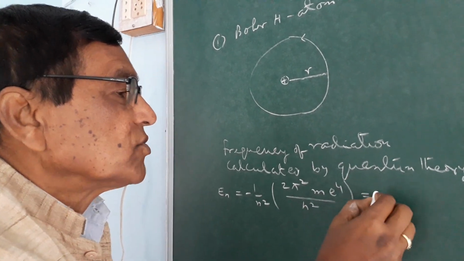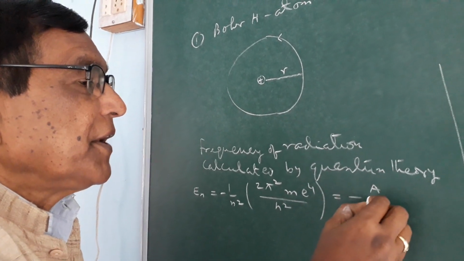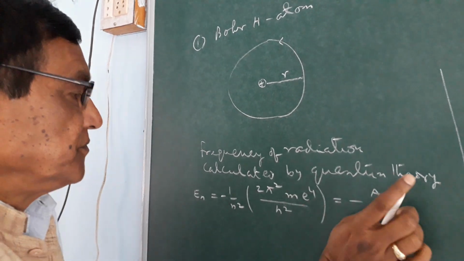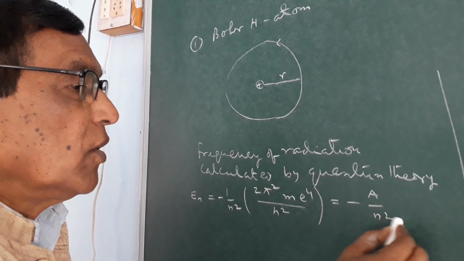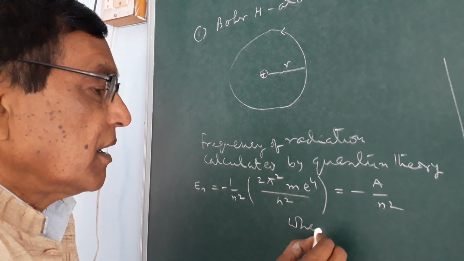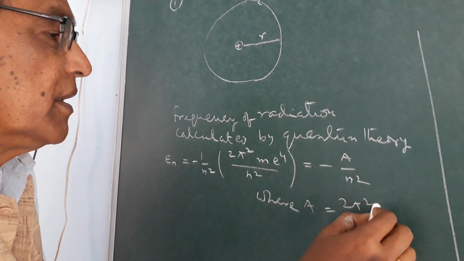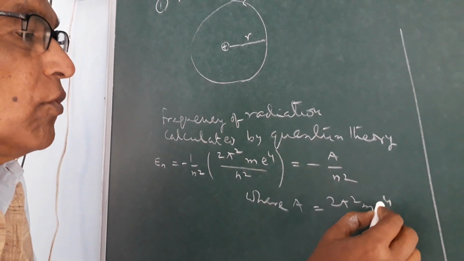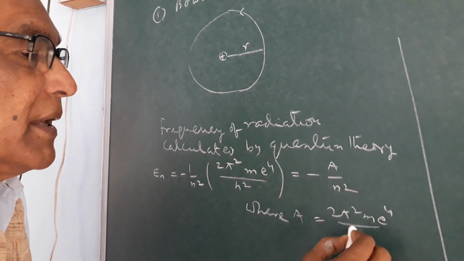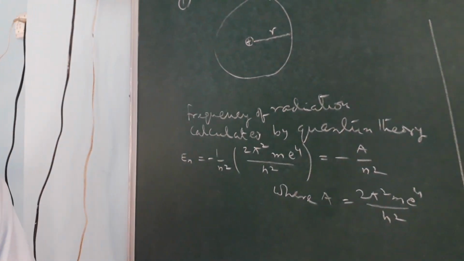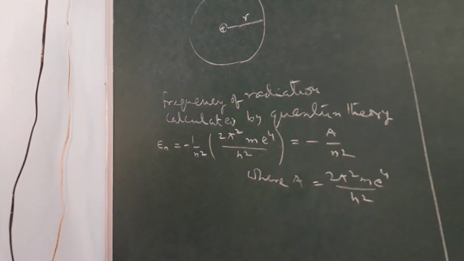We can write in short minus A by n square, where A equals 2 pi square m e to the power 4 divided by h square. This term is within the bracket. Now I take this as A.